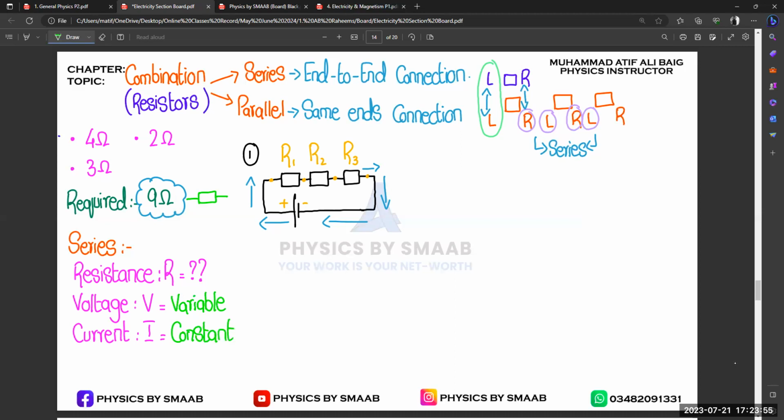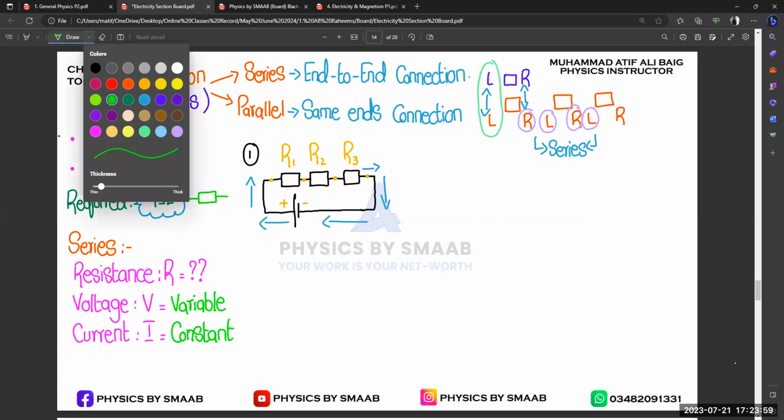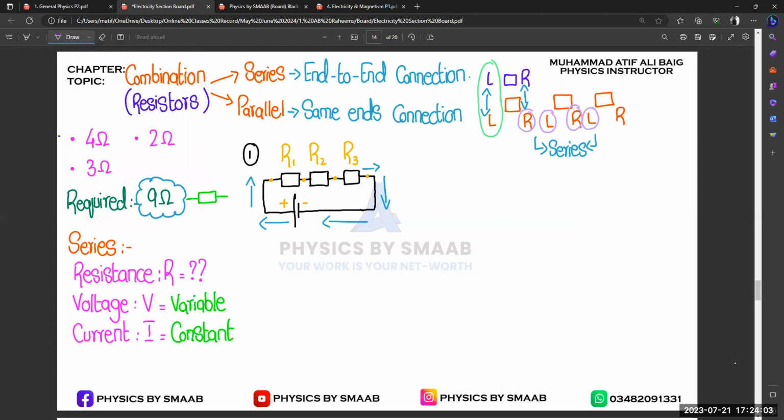Now let's try to figure out the final expression for this series combination. Starting from Ohm's law, you know that V is equal to IR, right?